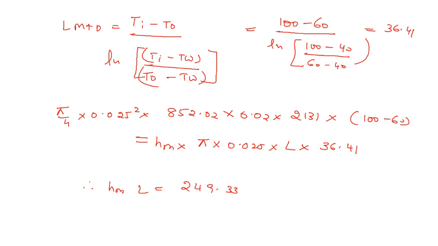Or we can also write this in another pattern, that is Hm d by k. What I have done is multiplied by diameter d and k, and divided by k by d, to balance it into L. This exercise is done only because I have certain values of k and d.